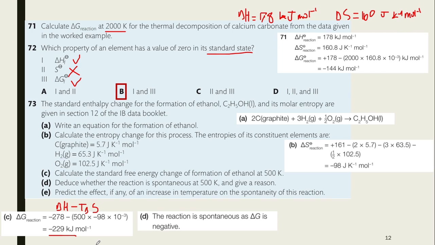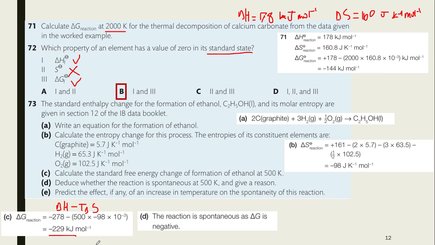And finally, in letter E, it says predict the effect, if any, of an increase in temperature on the spontaneity of this reaction. Let's say we increase the temperature, make it really, really high. When the temperature is really high, the enthalpy change does not matter. It is not significant.